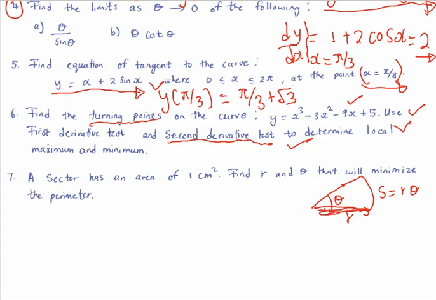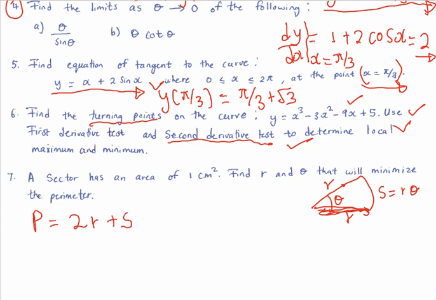So to do that, we need to define the perimeter of a sector. The perimeter of a sector, I'll call it P, is equal to 2r. The 2r means we are adding this r on this side plus this r, plus s. The perimeter, you remember, is the outer length of the shape that you have. So it's 2r plus an arc length.